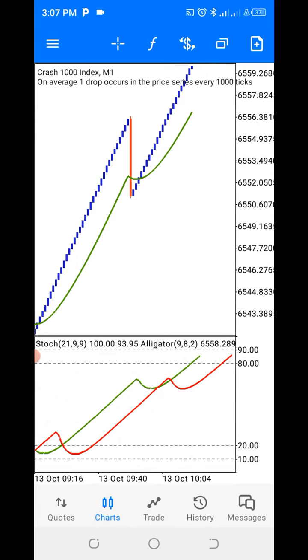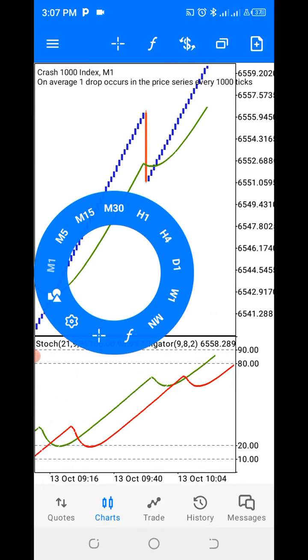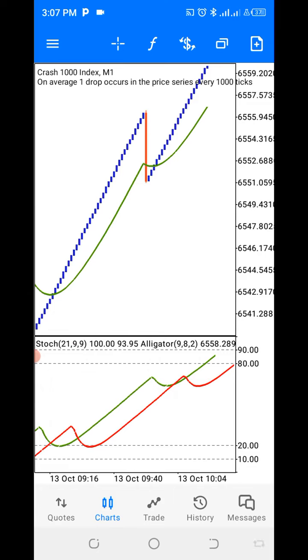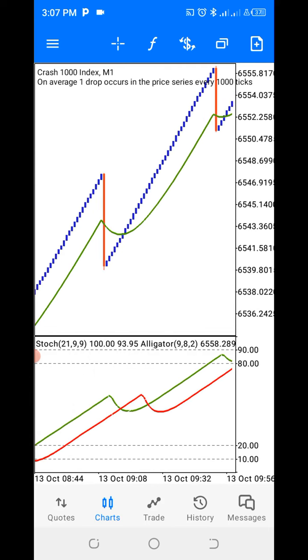We'll be using 3 indicators for the strategy. Let me walk you through how the strategy works.